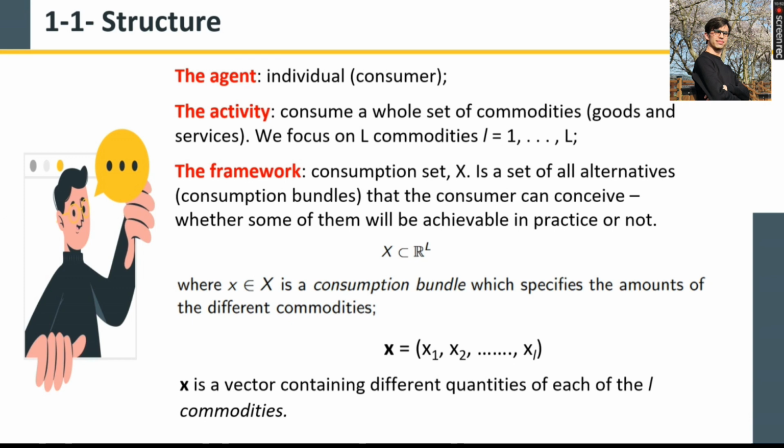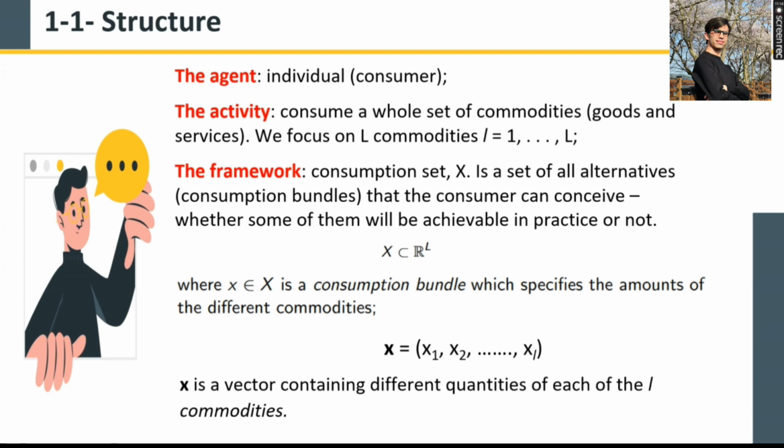And the framework that we have in consumer theory is the consumption set X. So from a set X, we consume some bundles of goods and services. What is the consumption set?